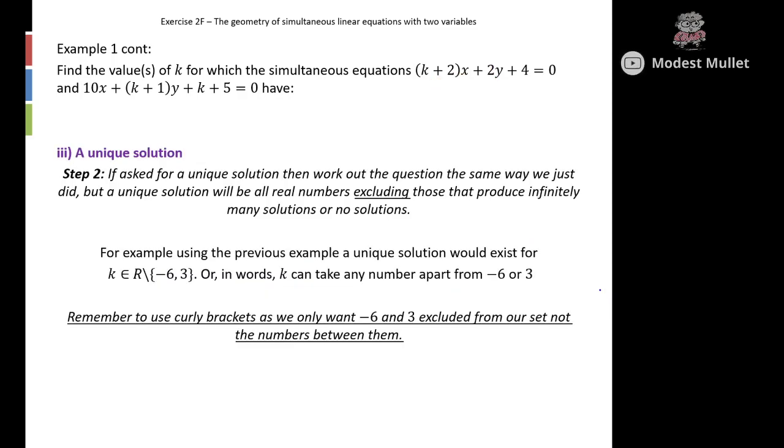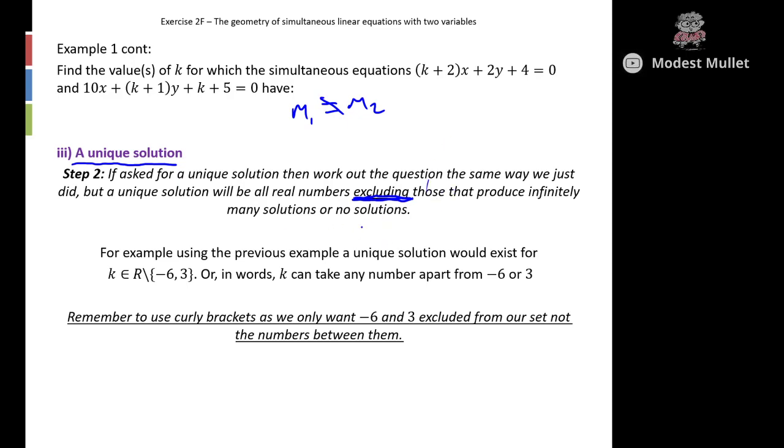The very last step is, what if we're asked for a unique solution? So we don't want m1 to equal m2. We want the lines to cross, but only cross once. Like we said before, we can use our working. If we ask for a unique solution, then work out the question the same way, but a unique solution will exclude the special cases where m1 does equal m2.